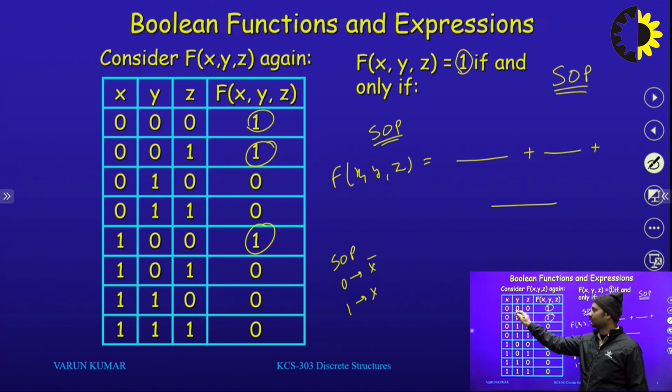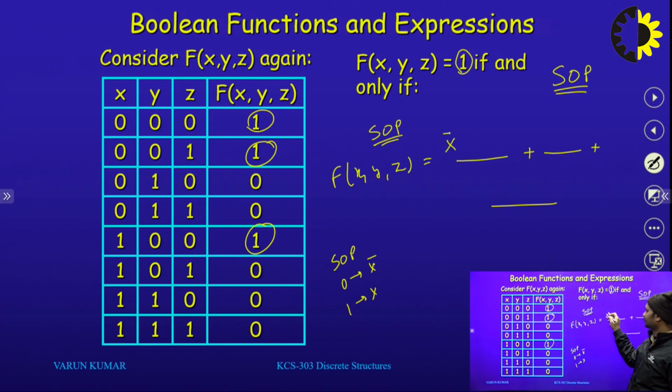Like we calculate the values of x, y and z, that is 000. So we write x bar, y bar and z bar. The second value is 001, which means x bar, y bar and z. The third value comes 100, which means x, y bar and z bar. So this is the Boolean expression for this particular function in SOP, sum of product.